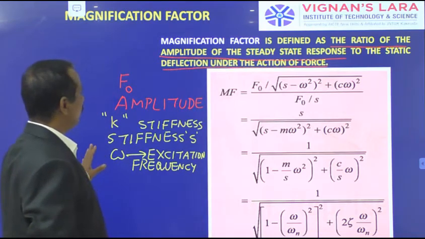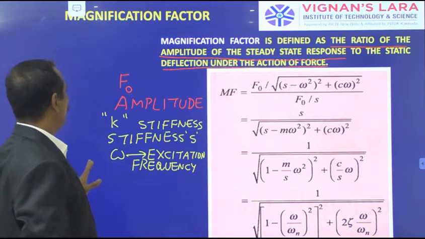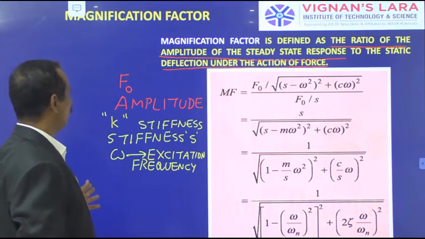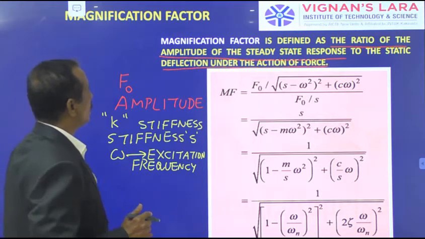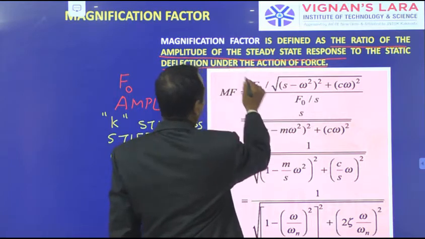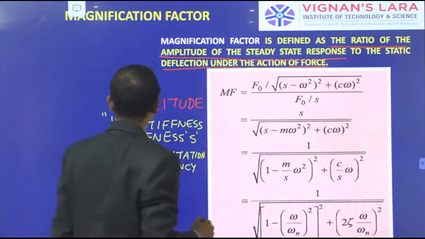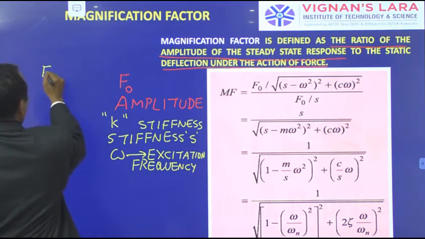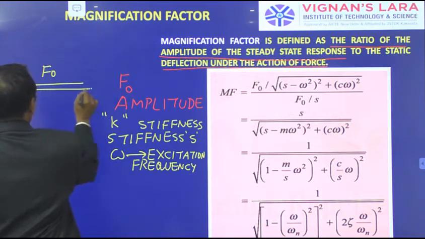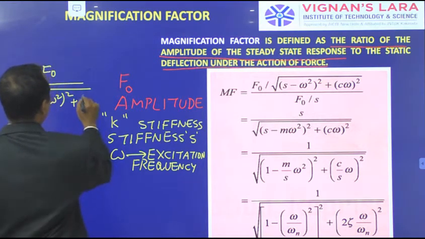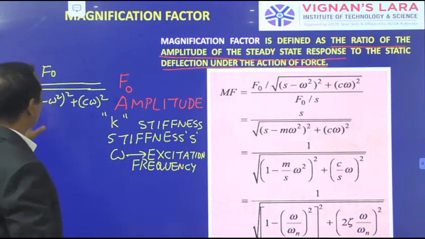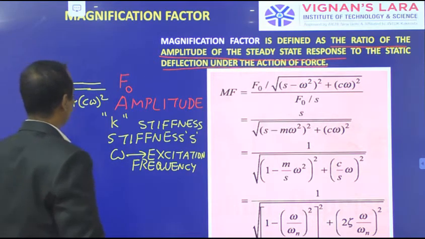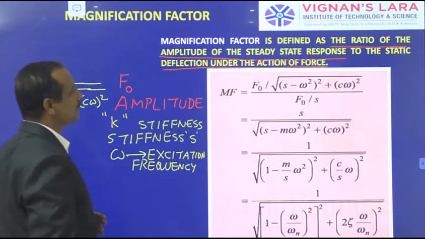Here f naught is the applied force, s or k is the spring stiffness, omega is the excitation frequency or applied frequency, and c is the damping.